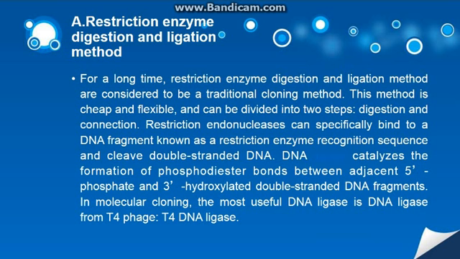DNA ligase catalyzes the formation of phosphodiester bonds between adjacent 5' phosphate and 3' hydroxylated double-stranded DNA fragments. In molecular cloning, the most useful DNA ligase is the one from T4 phage, T4 DNA ligase.